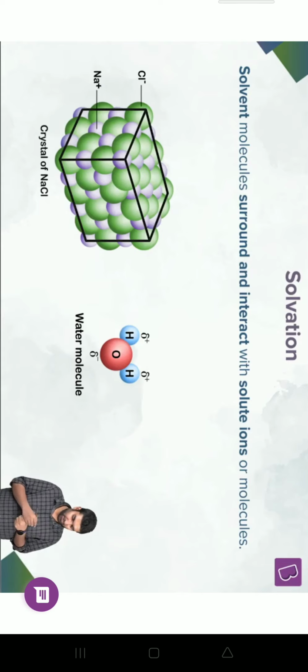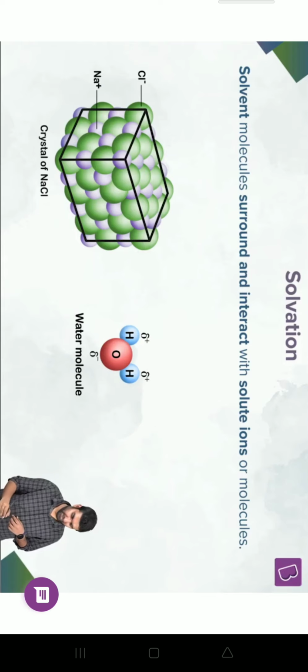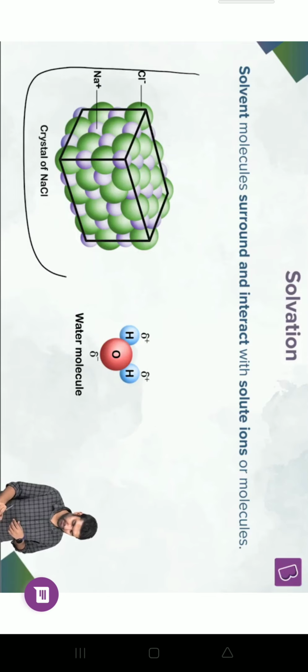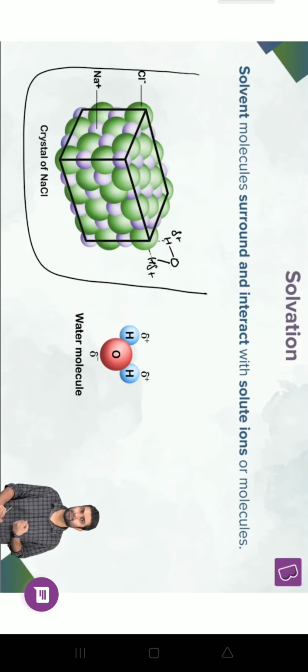So think about it. We have this crystal here, and let's say we drop this crystal in a bucket of H2O. So let's say this is now inside a beaker. Now what's going to happen is, because of the del positive charge of hydrogen of H2O, they are going to get attracted towards the Cl minus, correct?